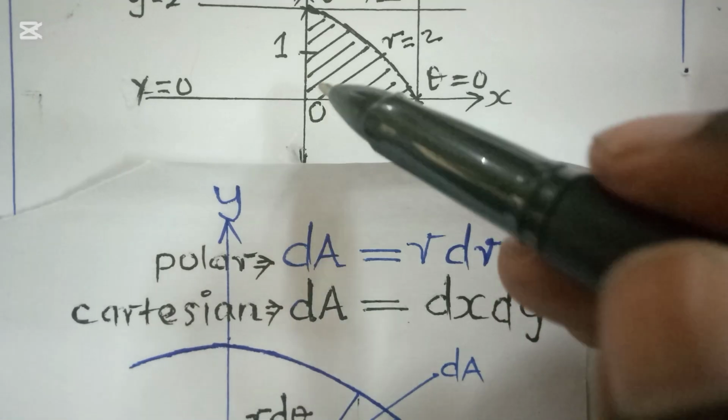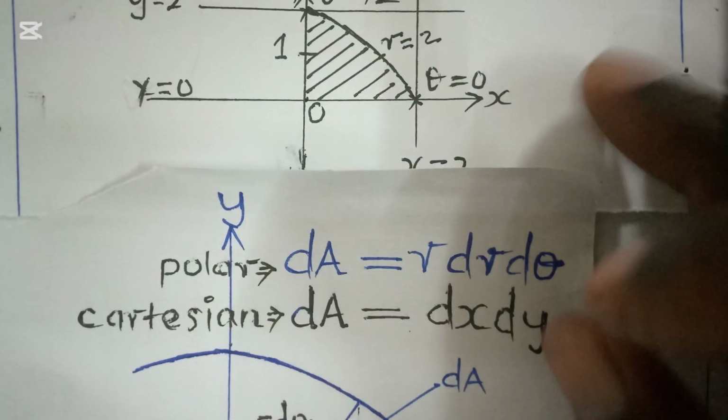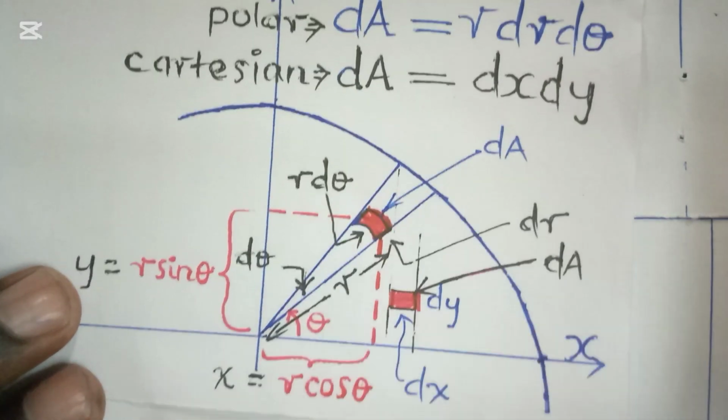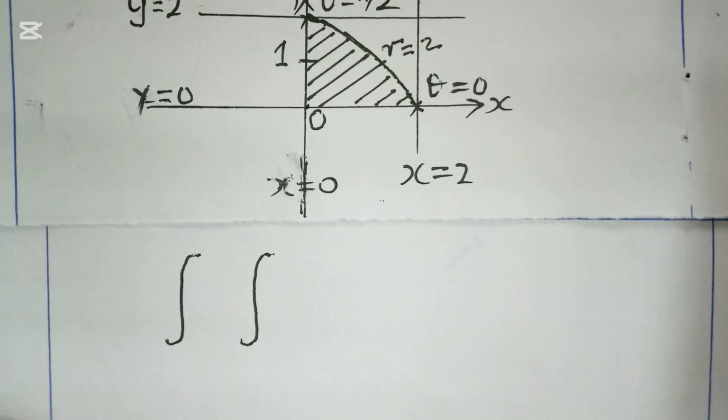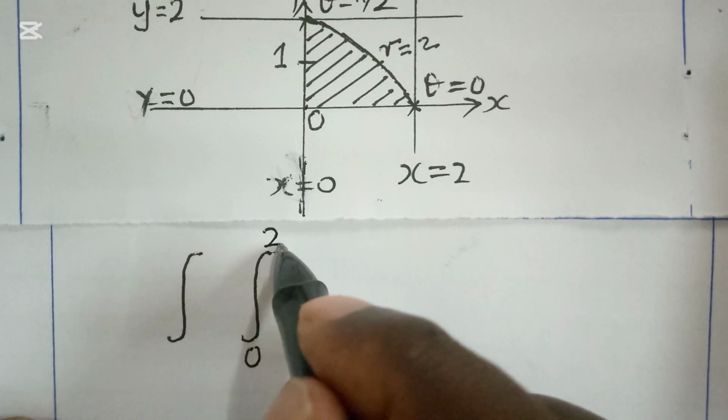So the element will run from this point, r equals 0, to r equals 2, just as I have shown here, from this point up to that point. So this is r equals 0 up to r equals 2.